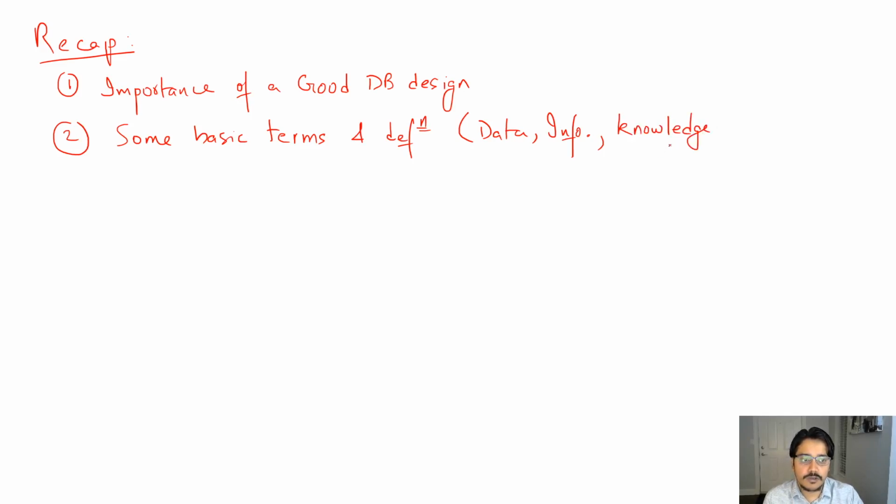We also introduced ourselves to some of the basic terminologies that are used for data storage purposes, right? So we discussed what we mean when we say a field, what we mean by a record, what we mean by a file, and so on and so forth. And we also discussed the equivalent terminologies of these terms within the database system environment.